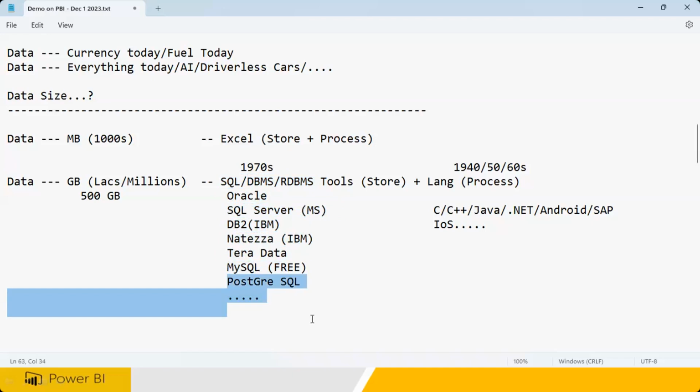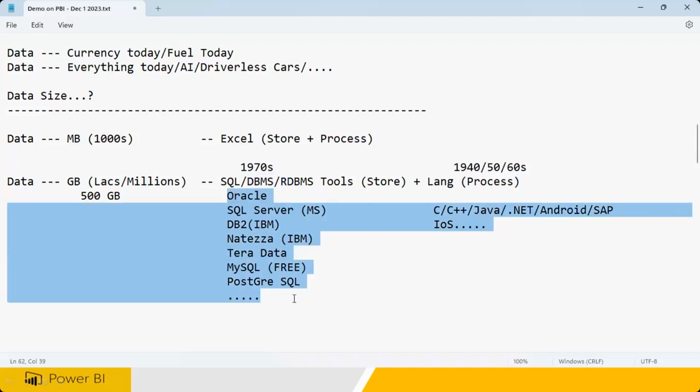Data banks means data tanks, or you can say reservoirs, or store rooms, or a godown. So we can store a large amount of data in Oracle, SQL Server, DB2 electronically, using a computer and SQL or Oracle software or a DBMS software. Clear? So Oracle is a tank or a bank.